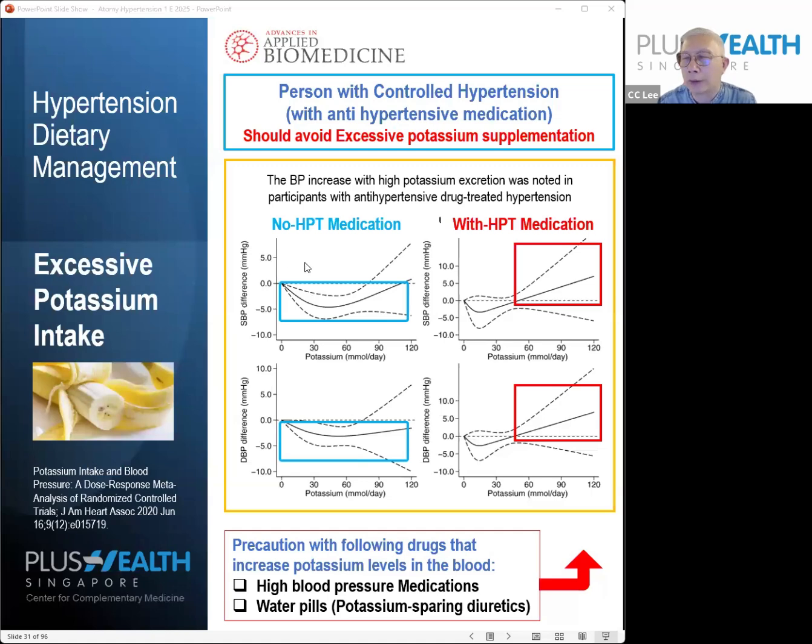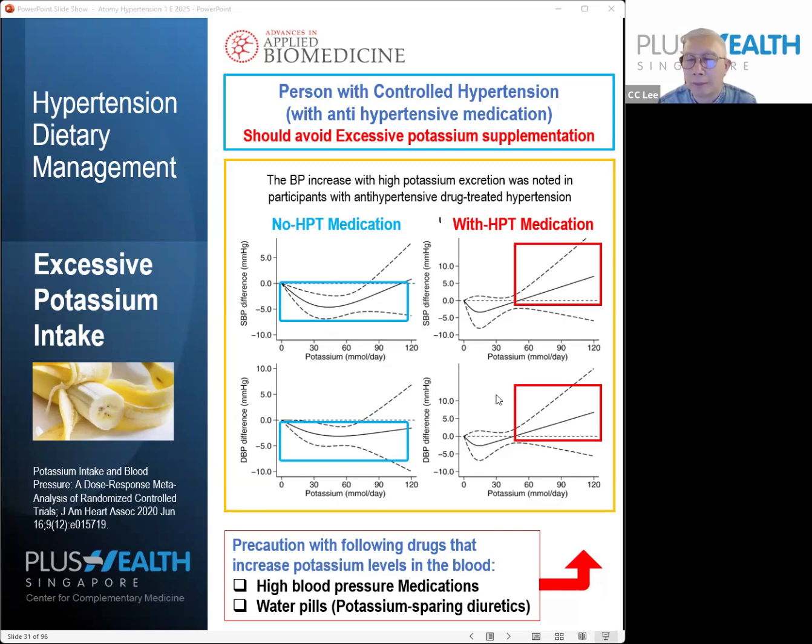Now, if you are not taking any hypertensive medication, then if you were to take excessive potassium itself, the risks are not there, which means that in this chart itself, it doesn't really increase any of your blood pressure significantly unless you are at a very, very high end. Otherwise, their blood pressure is not affected.